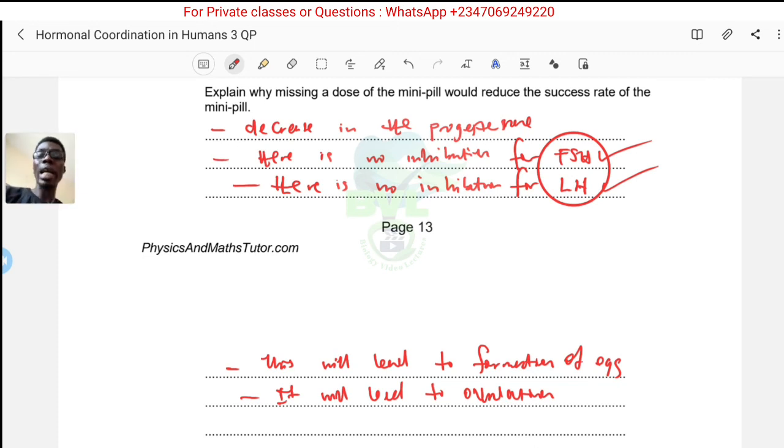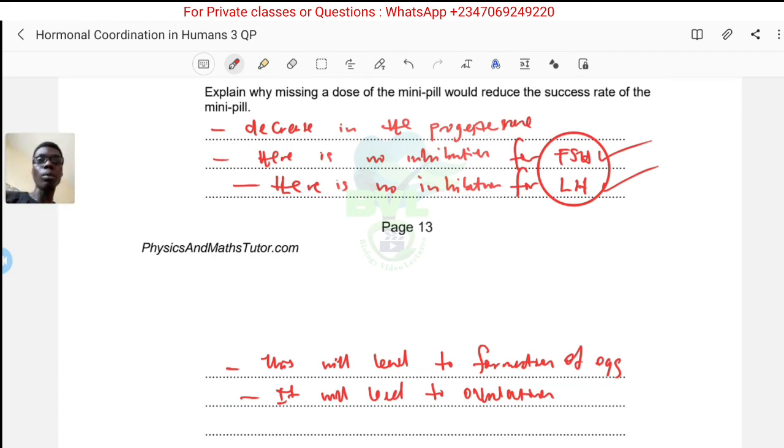That's why when women are pregnant, the level of their progesterone has increased. Because of the presence of progesterone, FSH and LH will not be able to work. So the woman would not go through the menstrual cycle during that period. What the mini pill does is replicate something like that. So the progesterone level is high, FSH cannot work. When FSH is not working, follicles cannot be formed.